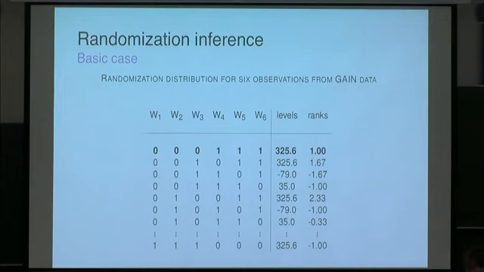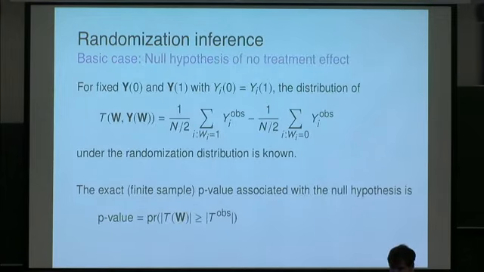And so under this null hypothesis, we actually have the entire randomization distribution known to us. We know what the distribution is of the test statistic for this finite population. So that allows us to do exact inference. That is, we can compare our observed test statistic to the distribution of test statistics under our known randomization.